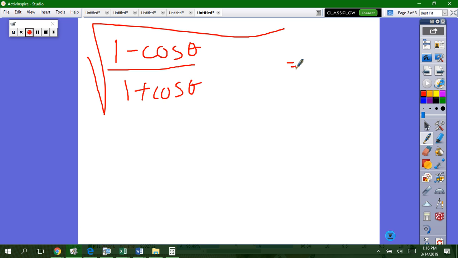This equals no square root. Is that it? Okay. Anybody have an idea? Multiply what? Go with it. On the left side.